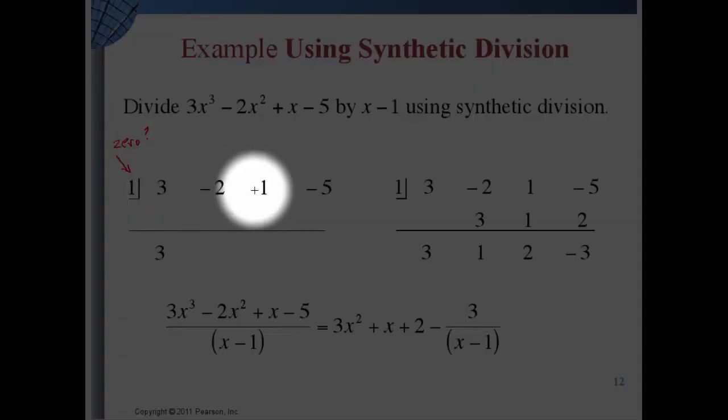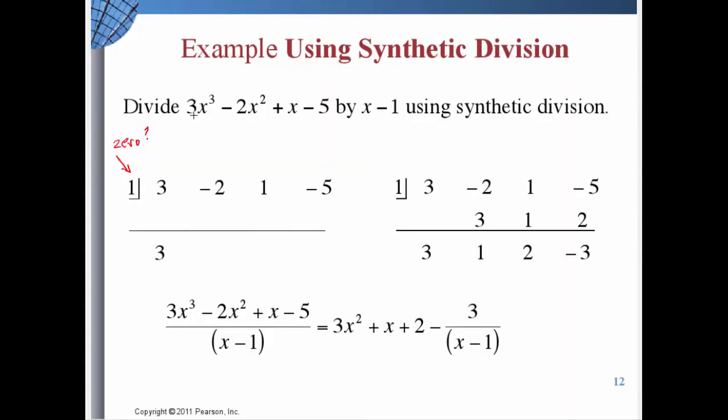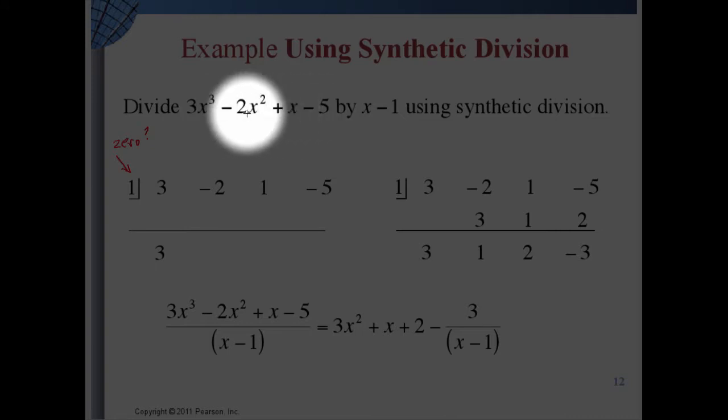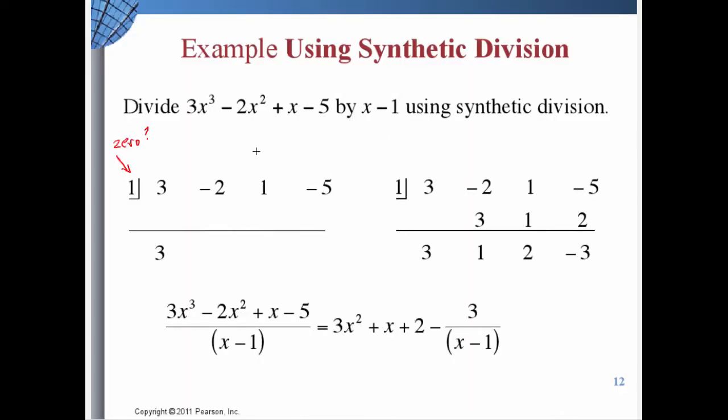The 3, the -2, the 1, and the -5 are the coefficients of our terms in our polynomial. So we bring those down. This would be the setup when we start.